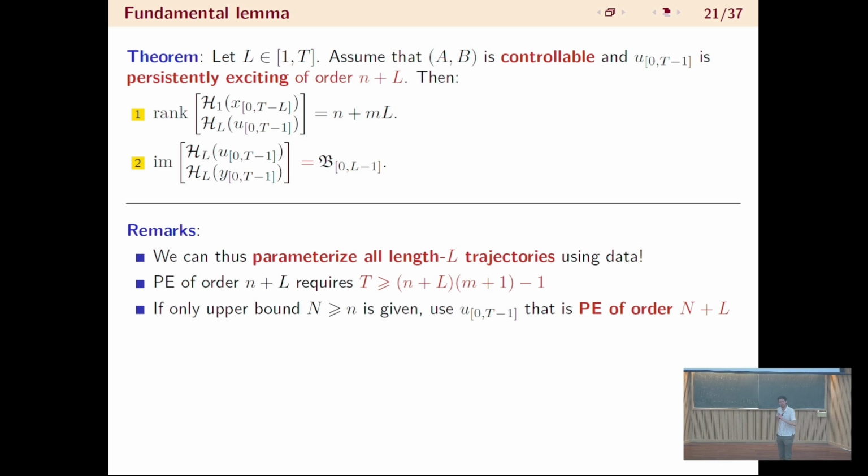Well, in that case, what you can do is apply an input U that is persistently exciting of order capital N plus L. In fact, you can show that this implies that the input is also persistently exciting of order little n plus L, and then the same statement of the theorem holds. So the main message is, if you don't know n exactly, you can still work with an upper bound, but you need PE of order capital N plus L then.